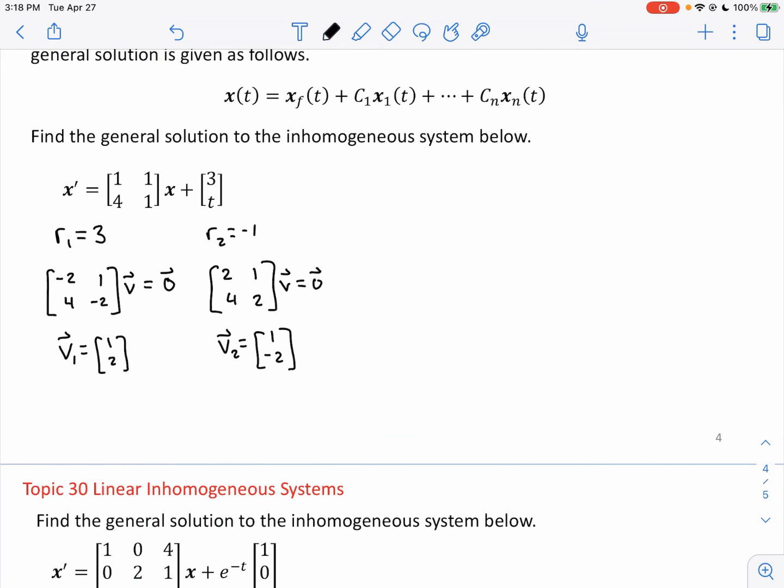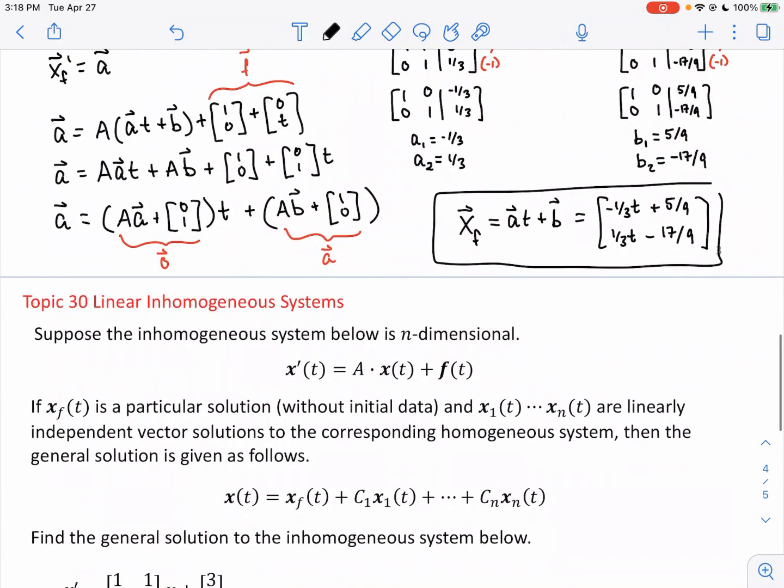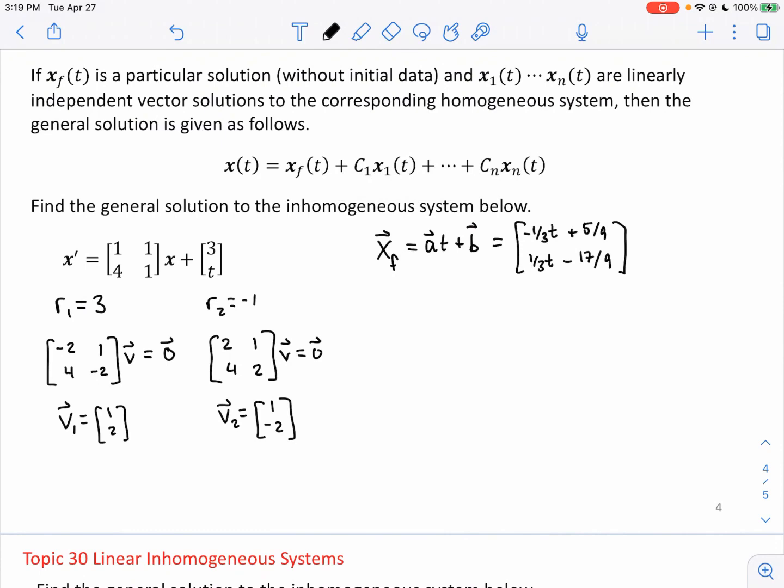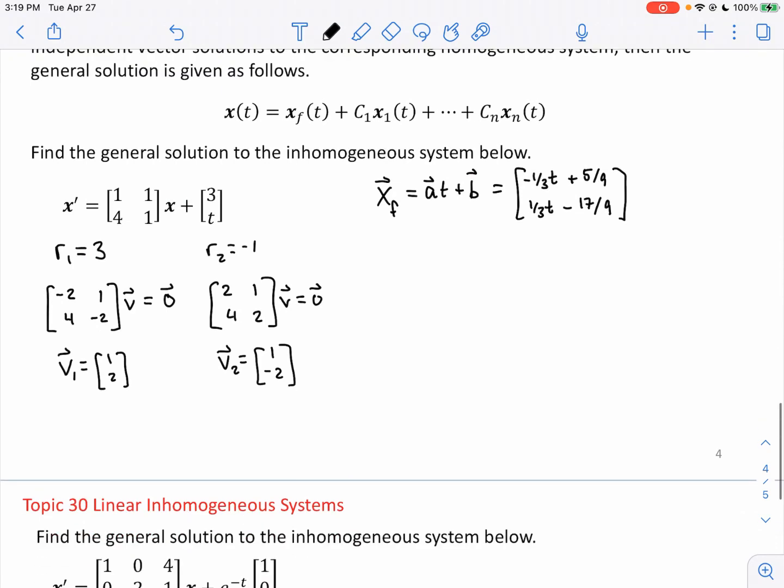So now I'm prepared to write the particular solution we found from above. Let's just go ahead and copy that. This is our particular solution right here. And we're now ready to construct the general solution. So the general solution, vector x, is equal to, let's do the particular solution first, to follow the same order as this. So we're going to have this part right here, and there's our particular solution to the inhomogeneous system.